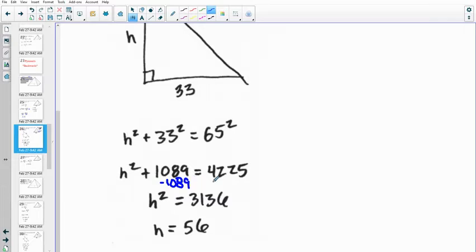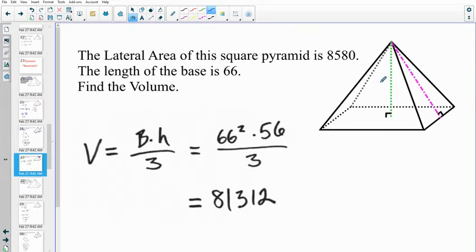Once I do that, I will have that the height squared, not the height, but the height squared, is 3,136. So I ask my calculator for the square root of 3,136, and it tells me that is 56. So now I know that the height of the pyramid is 56.